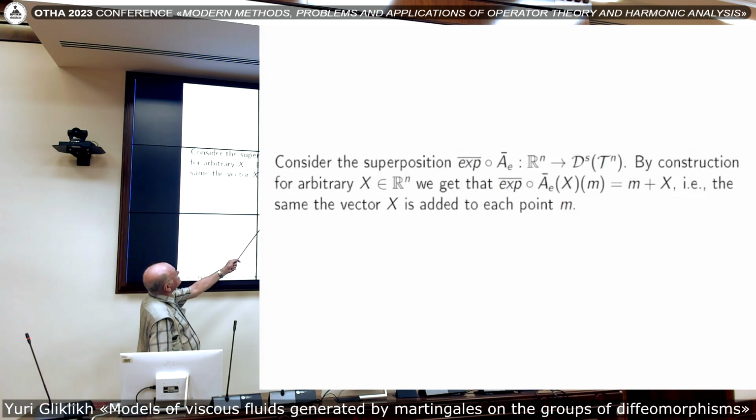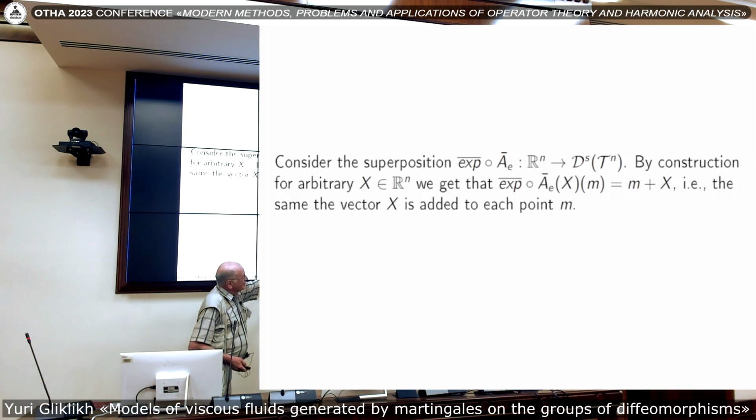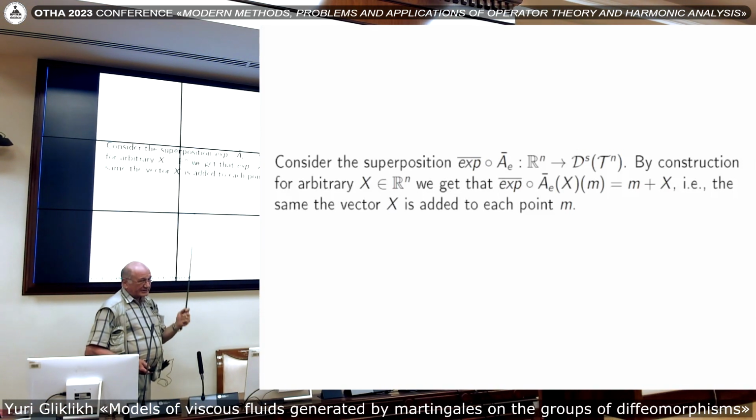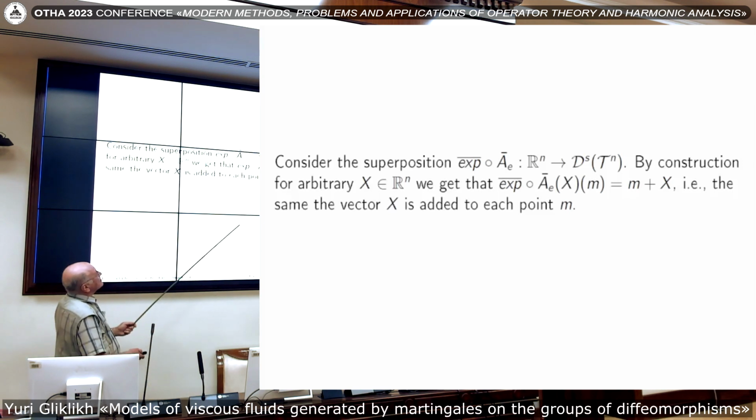Then we apply exp with bar to this vector field. That is m plus x. So for the exponential mapping, we add the same x to any point of the torus.